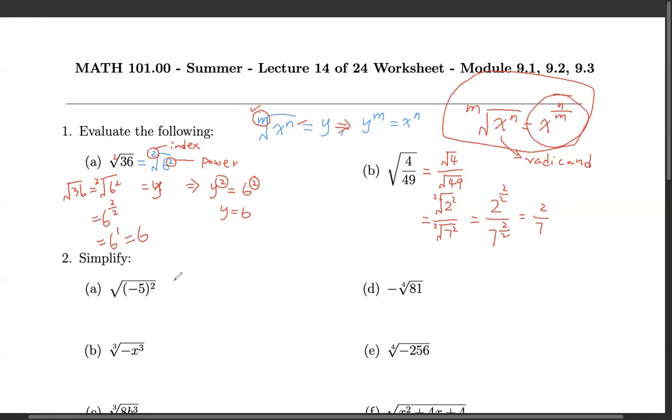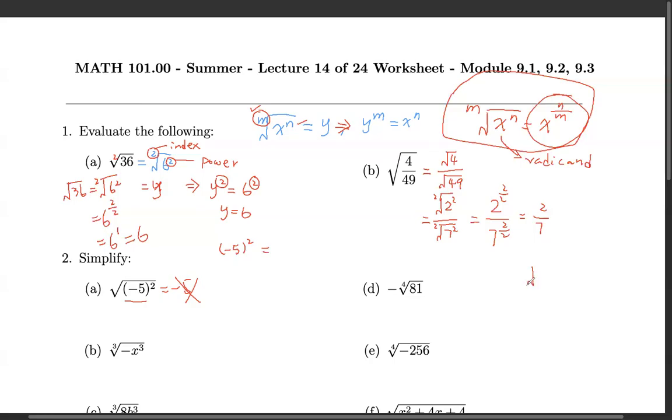Let's see 2. The radical here is negative 5 squared. Let's think about negative 5 squared. Because if we write negative 5, that's wrong. Because so far we're talking about real numbers. We cannot have the square root be a negative number.